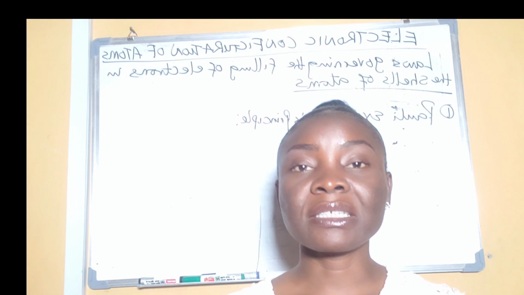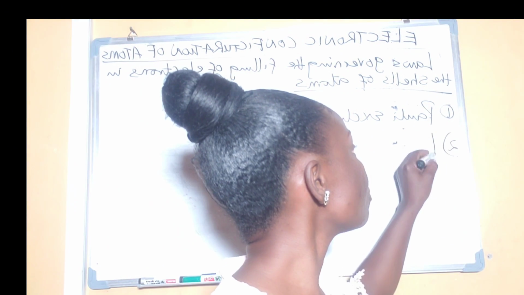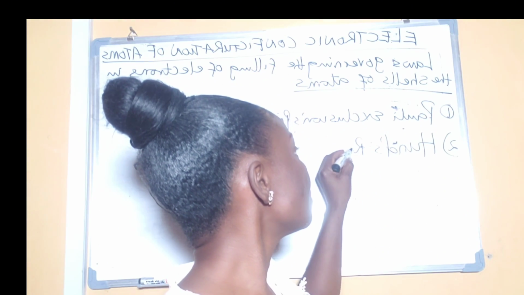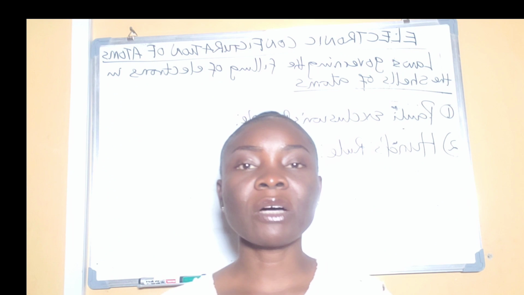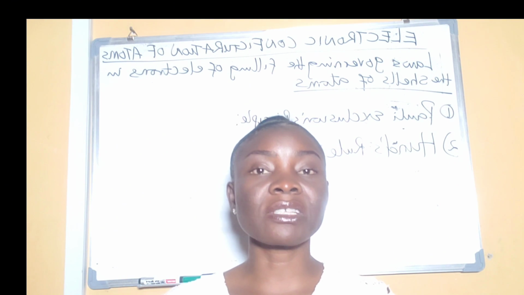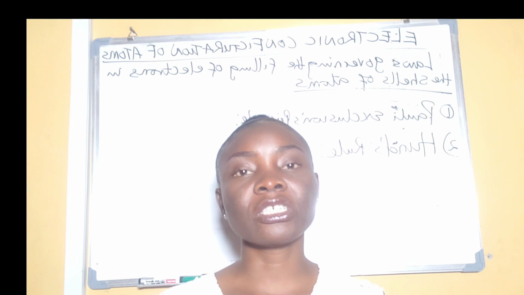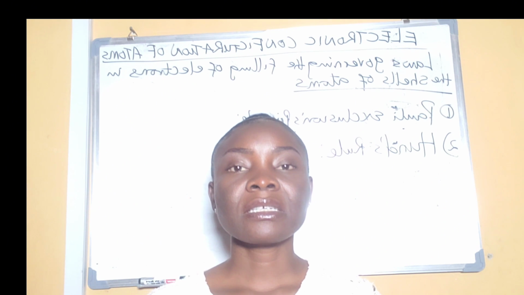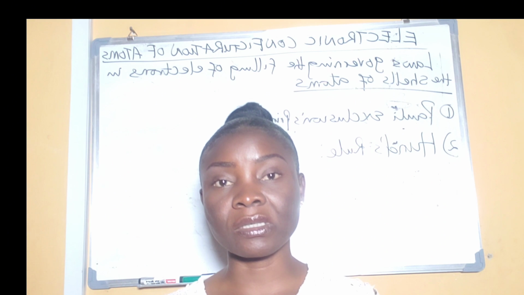Then the second one is Hund's rule. Hund's rule is talking about degenerate orbitals. Degenerate orbitals simply means orbitals that have equal energy. Remember we said that an orbital is a region in an atom where there is possibility of finding electrons.